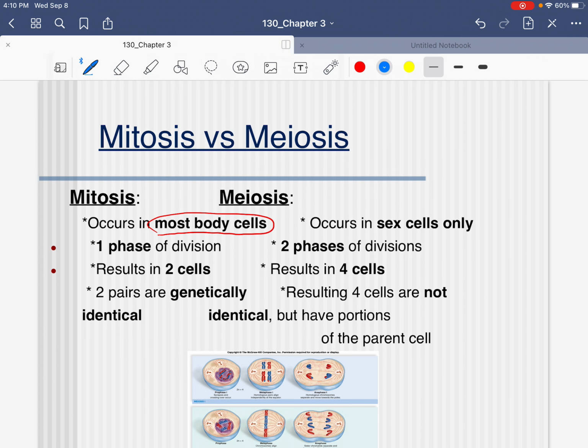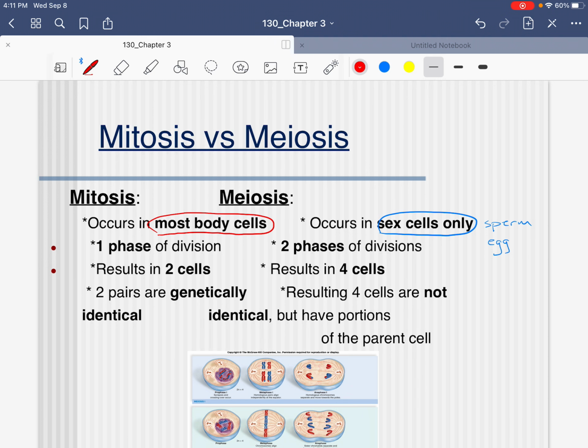Mitosis is how most cells divide and reproduce. Meiosis is the term for when we do cell division, cell reproduction in sex cells only. This would be the sperm cells and the egg cells. That's it. Every other cell utilizes mitosis.